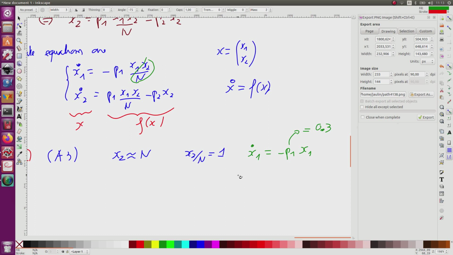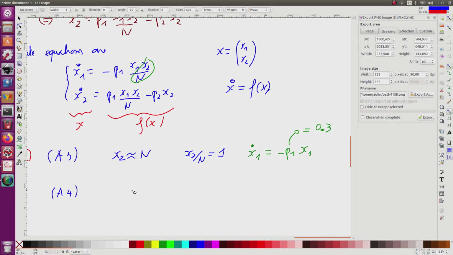Now, I will take the assumption 4, and from the assumption number 4, which I recall now, the assumption if one individual is infected at time t, then it has a probability of 0.1 to be cured.